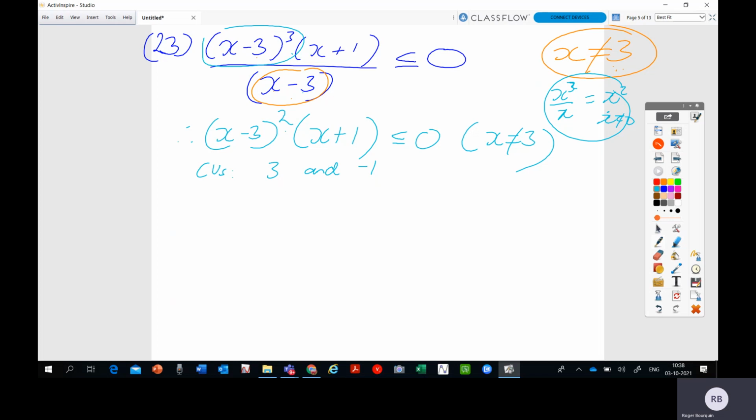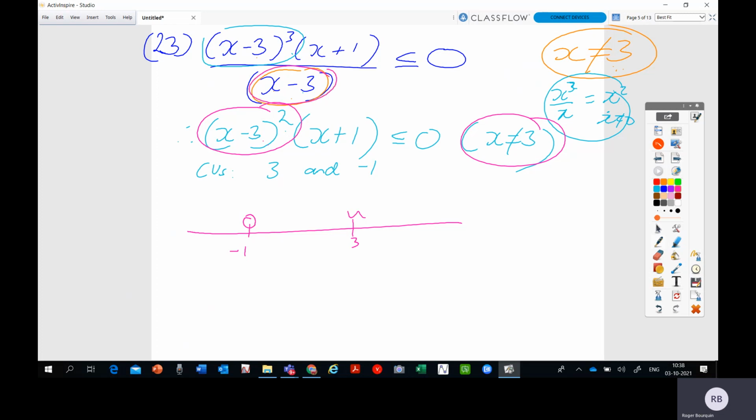So now on the number line, we're going to have critical values at negative 1 and at 3. Be careful, it's not going to alternate around this point. When x is equal to negative 1, it's going to be naught there, but when x is equal to 3, because of this restriction, x cannot be 3, so it's undefined because of the original bit over here.